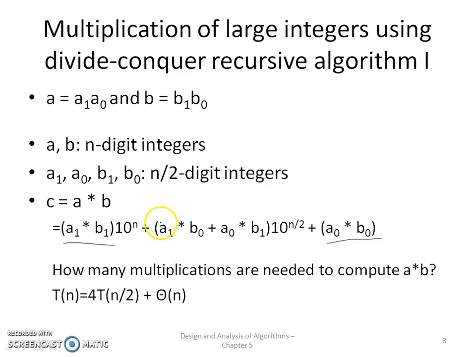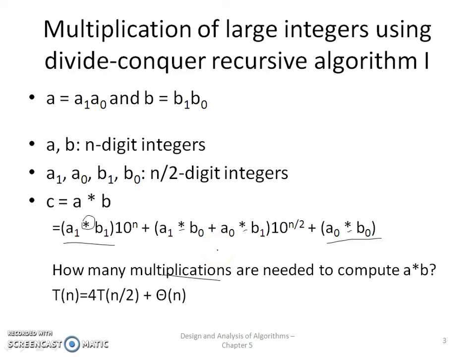So if we divide the way mentioned here, how many multiplications do we need? If we count, this is the first multiplication, a1 into b1. This is the second one. This is the third one. And then this is the fourth one. So we actually need 4 multiplications of n by 2 digits.